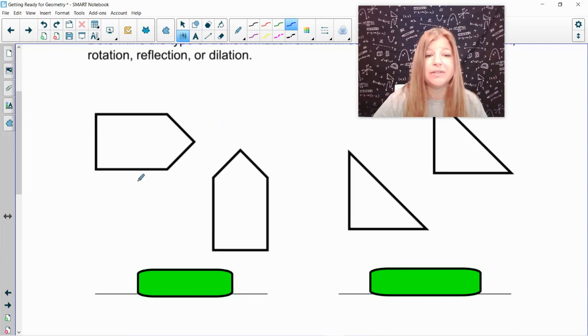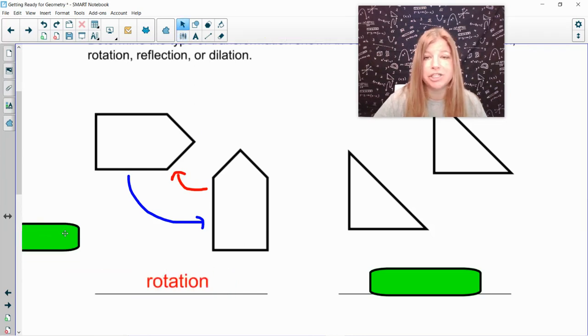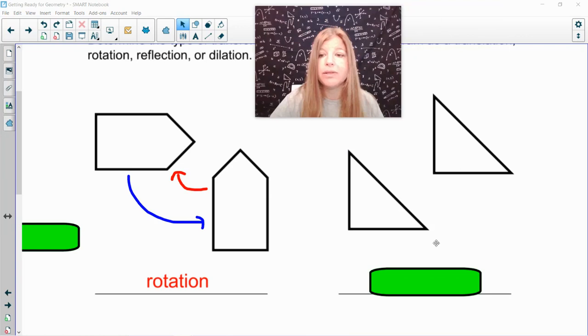You could think that I took this figure and rotated it in a curve in that direction, or perhaps I took this figure to the right and rotated it to look like this. No matter what, this is definitely going to be a rotation. Over on the right, I see two right triangles.